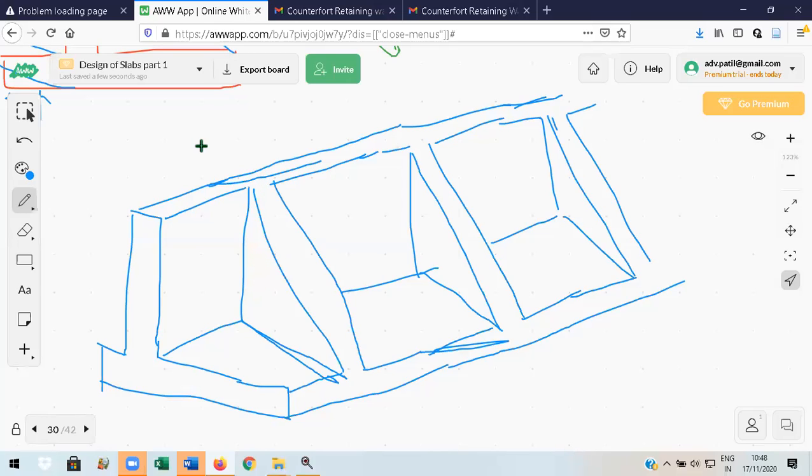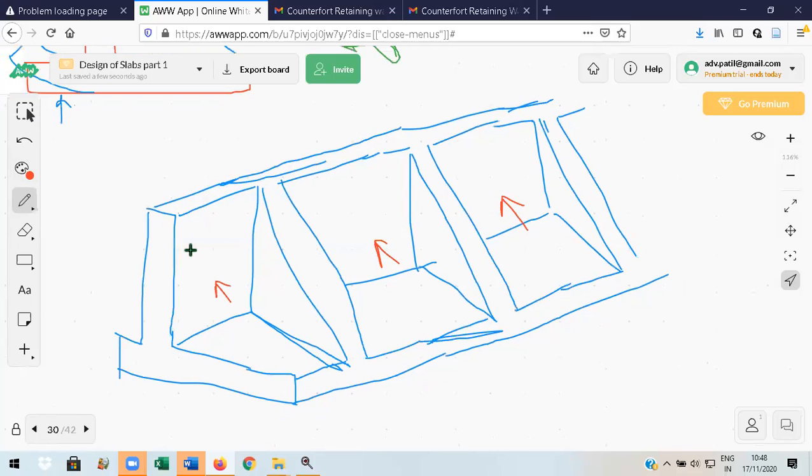Now observe this side. The earth pressure acts like this on the stem. There will be a number of counterforts. Now how it bends, observe this. Because of earth pressure, these are the two supports. You have to imagine a situation like this, which is not easy to imagine actually, but try to understand in that way.